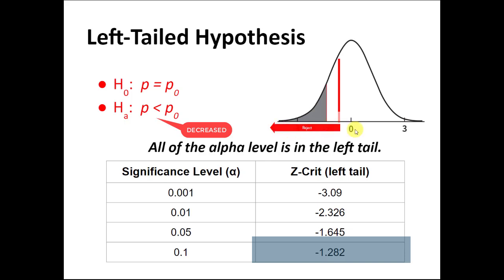Anything more than that would be considered not enough evidence to reject the null, and you would retain the null, or another way to say that is fail to reject the null.